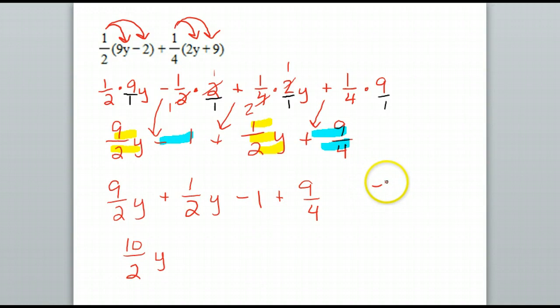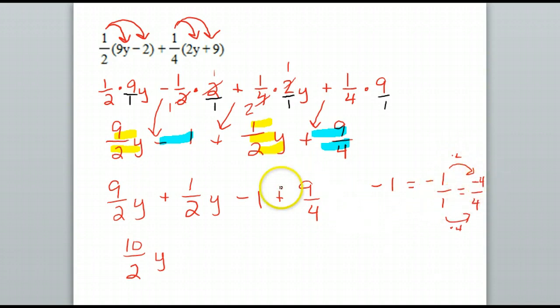I can write 1 or -1 as -1 over 1, and then to get a denominator of 4, I multiplied here by 4, so that means I need to multiply here by 4. Alright, so that means this piece right here I can write it as -4 over 4 plus 9/4, and now these have the same denominator, and I'm ready to simplify this thing.